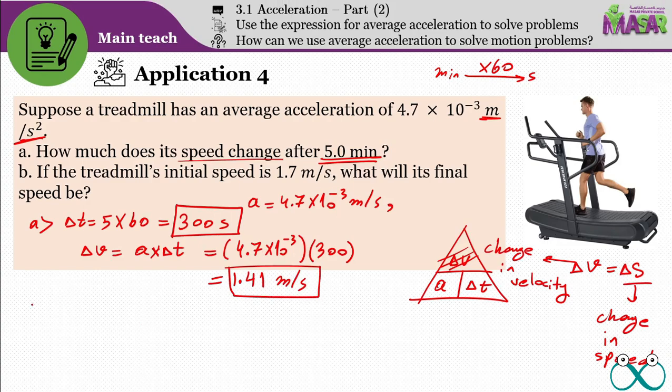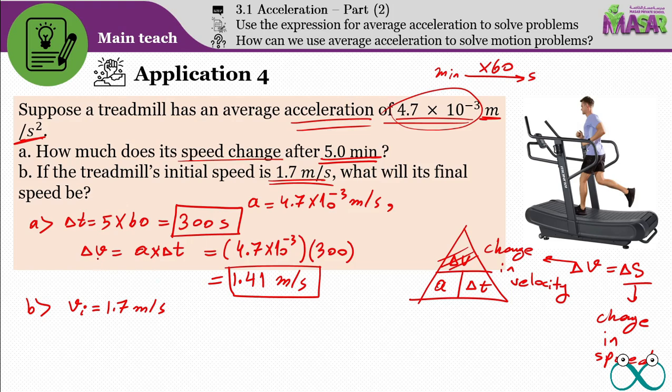Now for part B, if the treadmill's initial speed, so we have information about the initial speed. The initial speed is given by 1.7 meter per second. We found in part A that the delta V is equal 1.41 meter per second. We have the initial velocity.